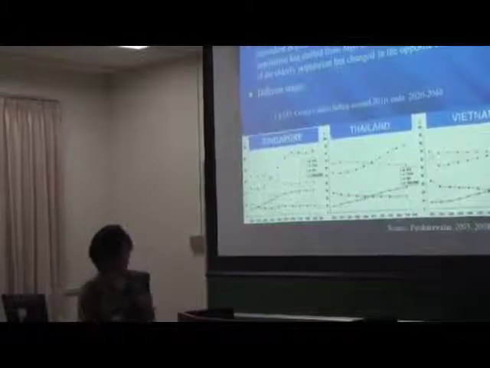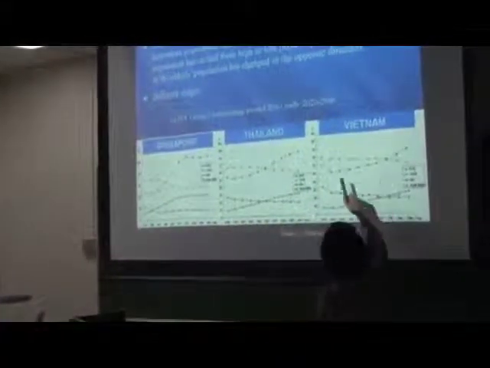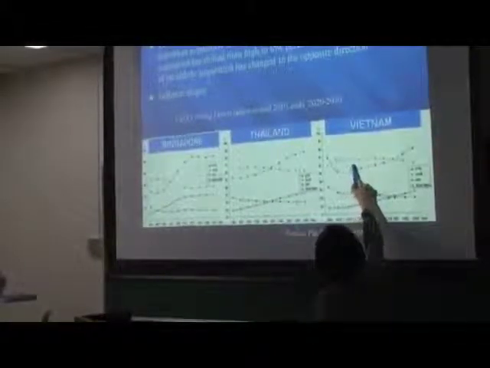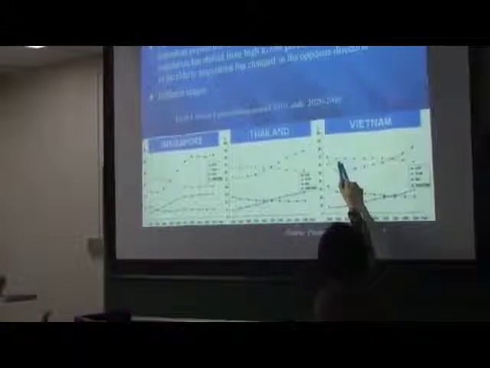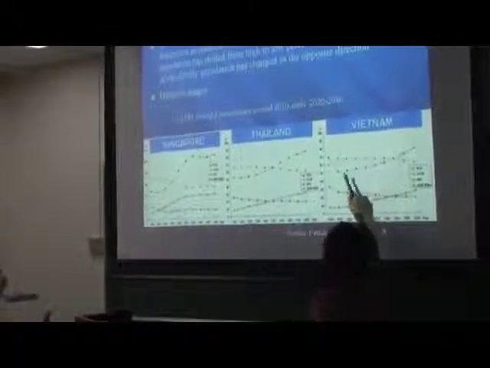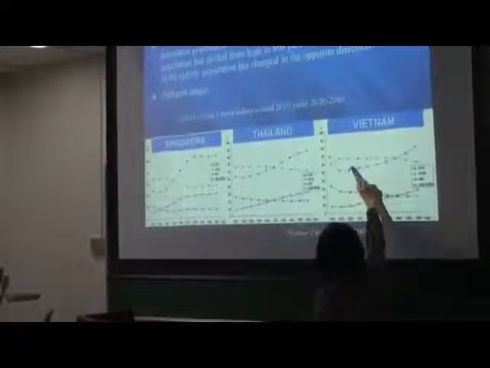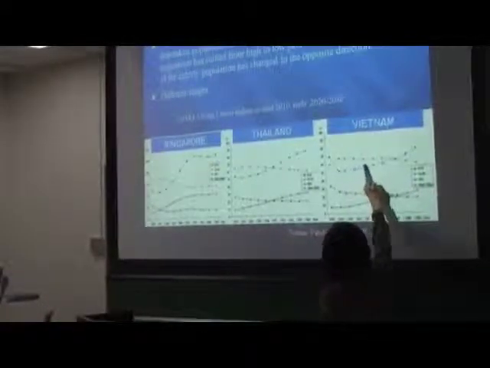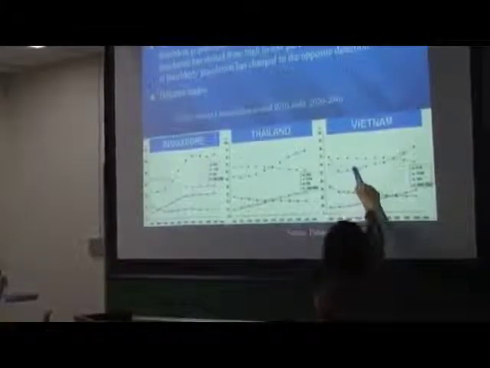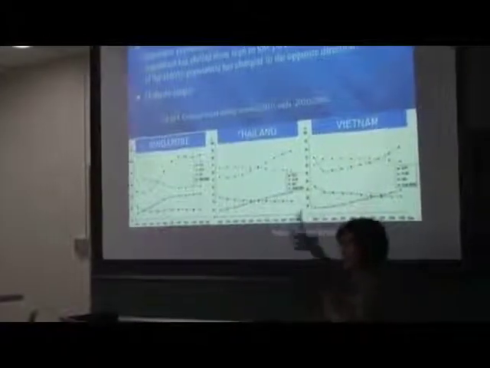Also in others, like in Vietnam, the second dividend, they are still enjoying now. The curve here is for the people in the labor force, and then the dependency ratio here. But it becomes narrower and narrower. It means the dividend from the year 2010 will become fading.